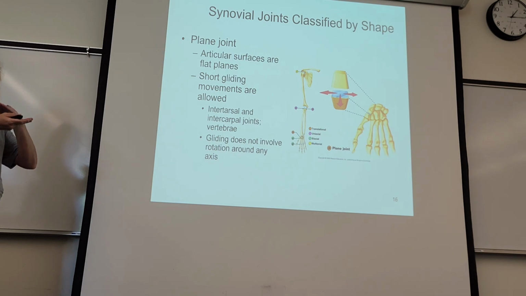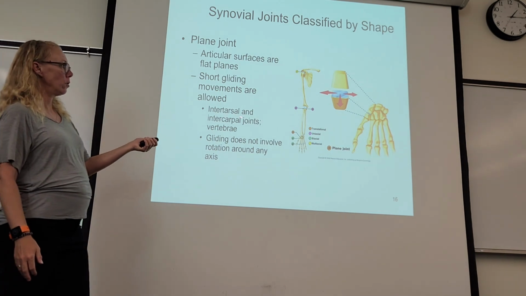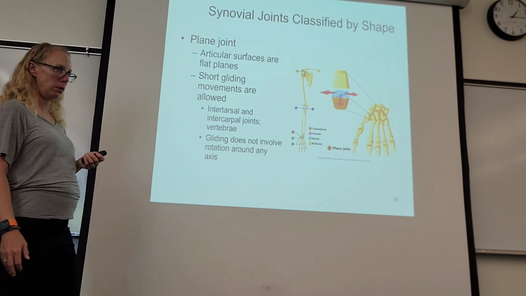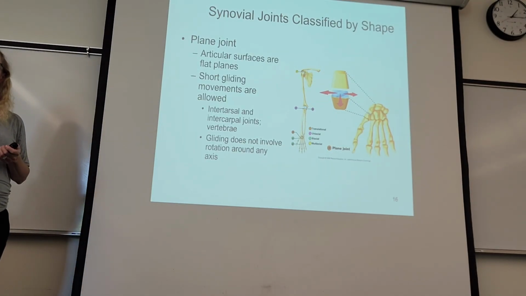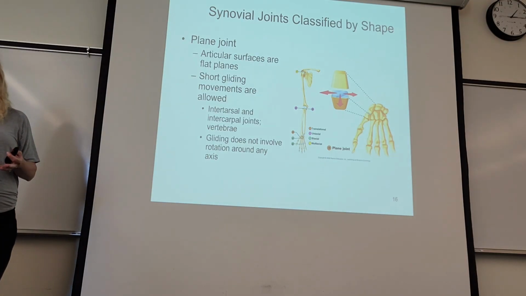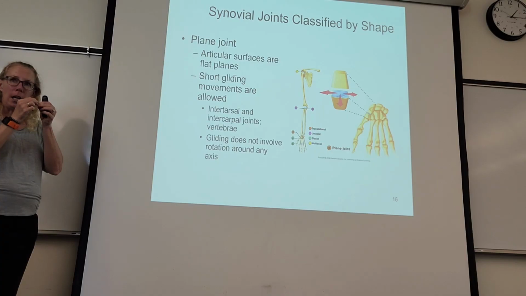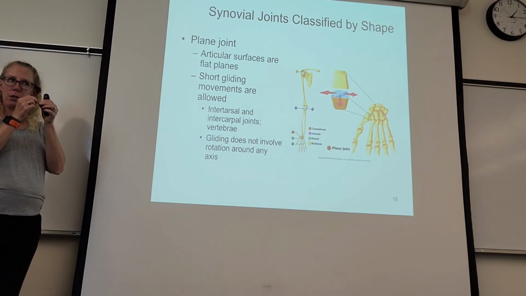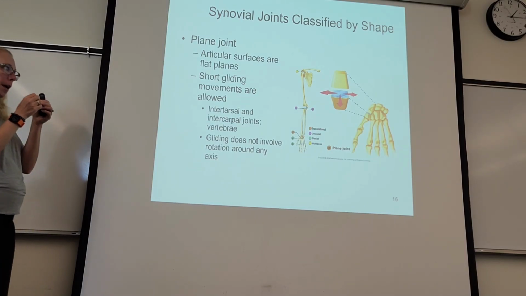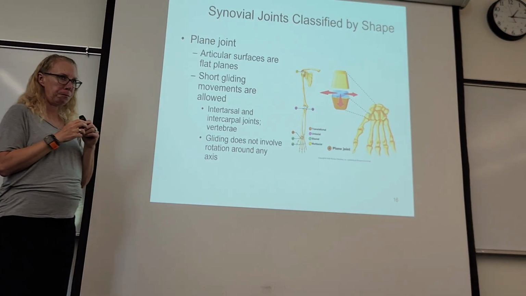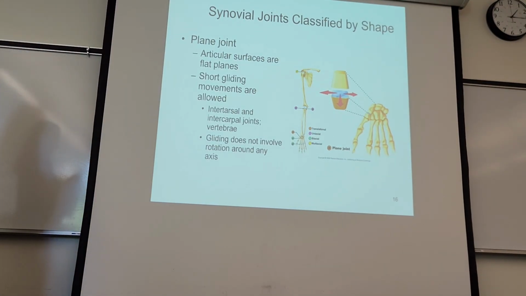So your intertarsal and your intercarpal joints, so bones of the foot between the talus and the calcaneus, between the scaphoid and the lunate, those are gliding. Those are planar joints. They just glide in between each other. Your vertebrae glide. Those facets glide. One surface, planar movement, gliding motion.